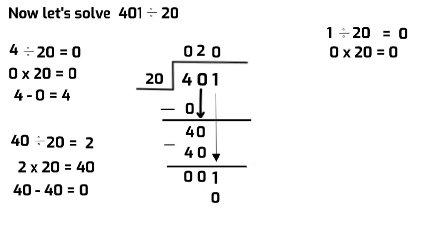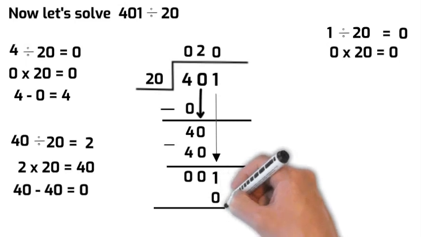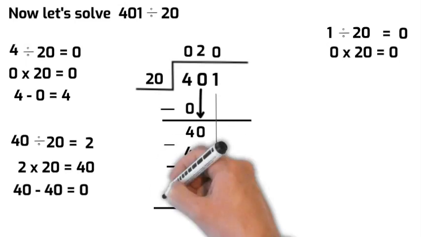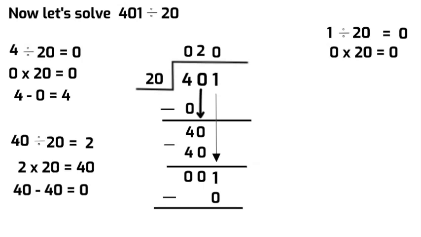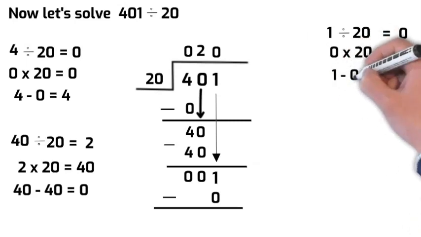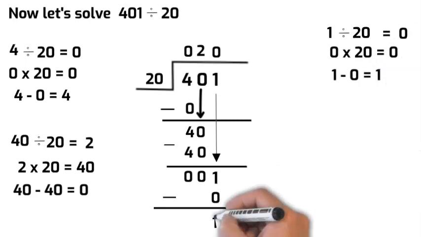Then we draw a horizontal line and place our minus sign. Then we subtract. We say 1 minus 0. 1 minus 0 is equal to 1.